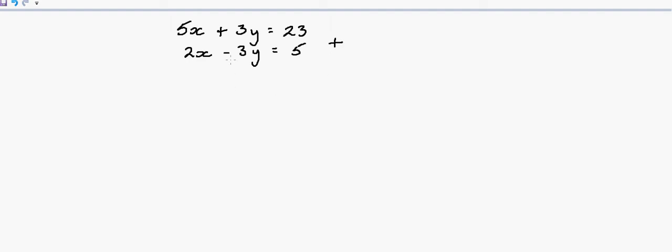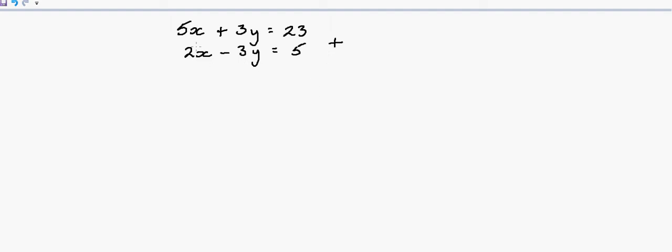Okay, remember the signs are different. This is why I lose the y's, because if you get a sign change, it happens in here. We don't really want to get involved with minus things. So we're going to add these two equations together.